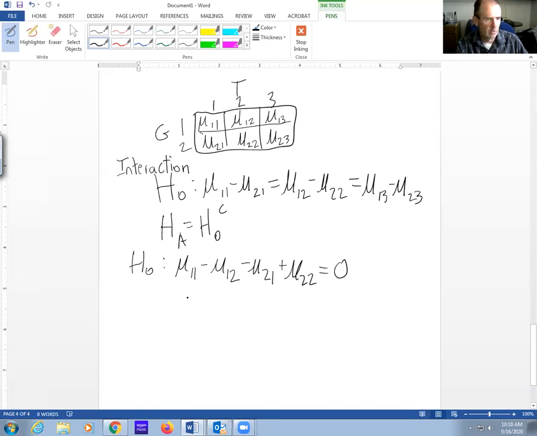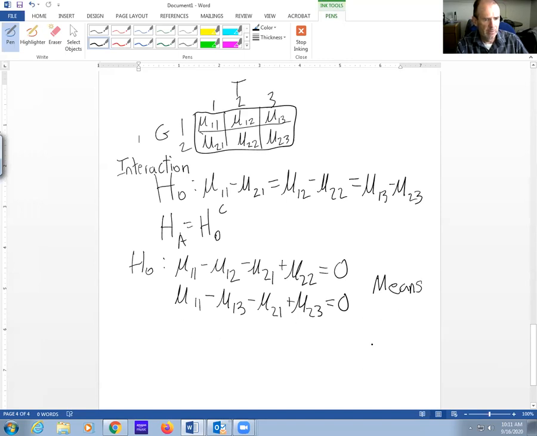So I'll do mu11 minus mu13 minus mu21 plus mu23 is equal to 0. So this is just reformulating it so that I have 2 equations and we're comparing to 0. So that's for the means model.